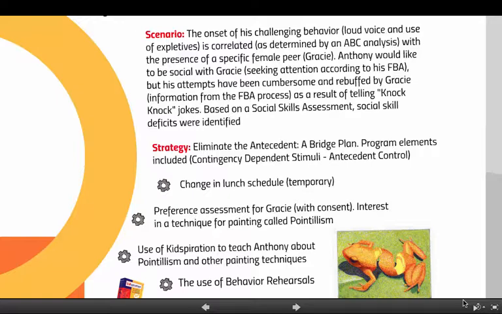And as a result, she would just reject Anthony's attention and any kind of initiation or attempt at all to be social. We also found through a social skills assessment that Anthony had some pretty significant social skill deficits that we had identified. Okay, so there's the background, there's a scenario.